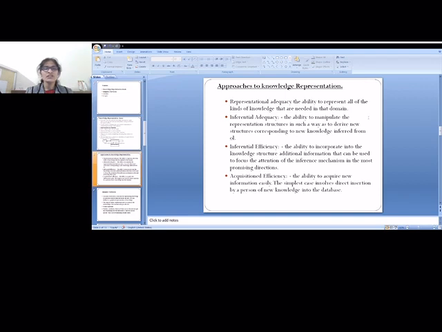Inferential efficiency is the ability to incorporate into the knowledge structure additional information that can be used to focus the attention of the inference mechanism in the most promising direction. Whereas acquisitional efficiency is the ability to acquire new information easily.